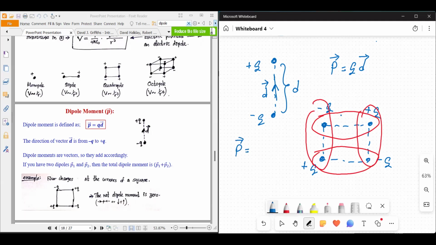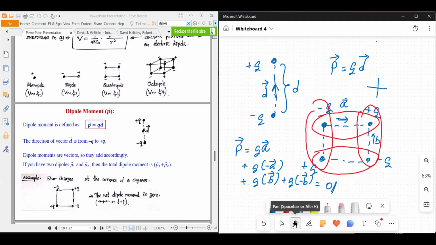In this situation, we have one dipole from minus Q to plus Q. Let's say this is length A and this is length B. So we have Q times A, and then for these two, that will be Q times minus A. Then for here, minus Q to plus Q, we have Q times B. Then again, from this minus Q to plus Q, we have Q times minus B. Then the net dipole moment is going to be 0 in this situation.